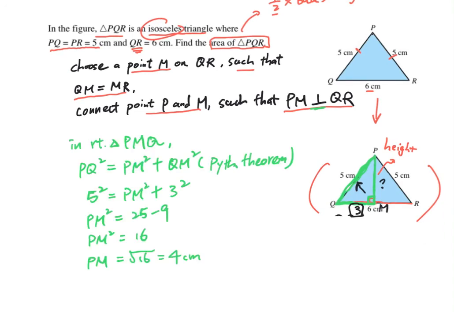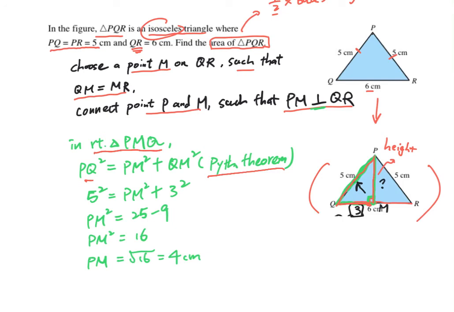Let's focus on the right angle triangle PMQ. PQ squared is the hypotenuse, equal to PM squared plus QM squared, right? Can you see that?